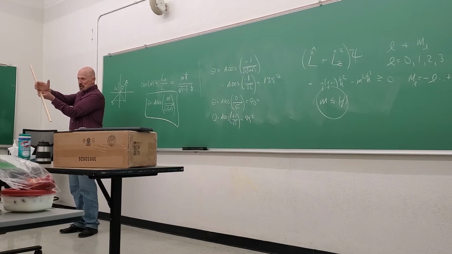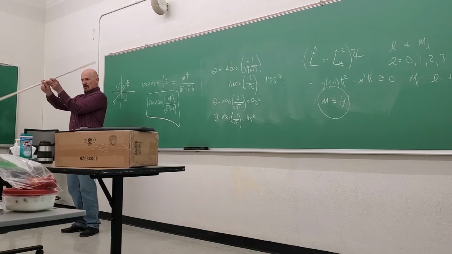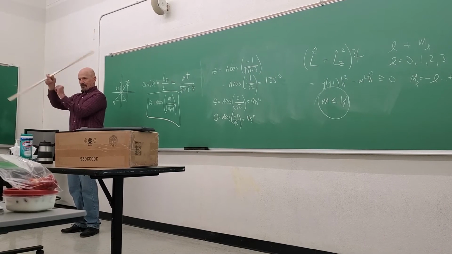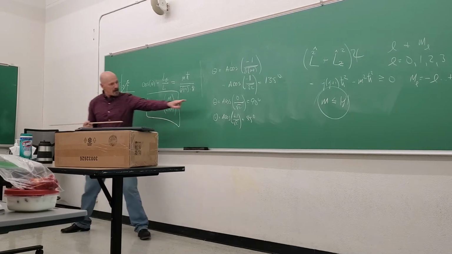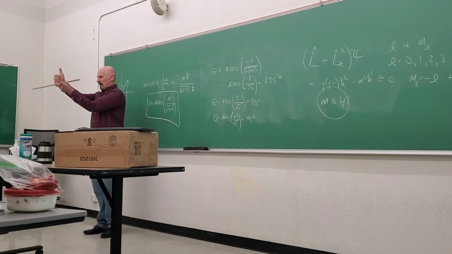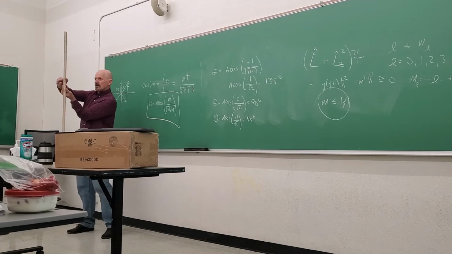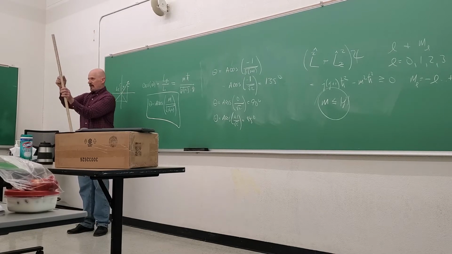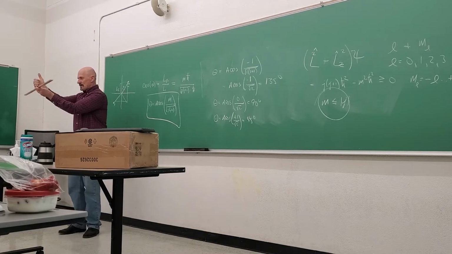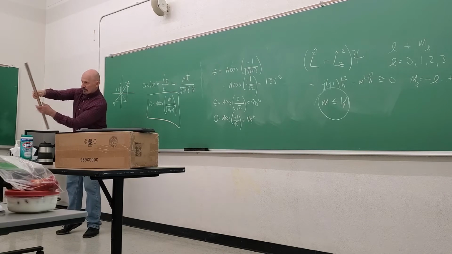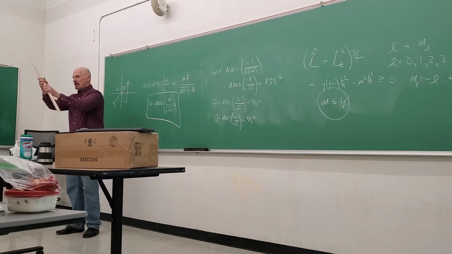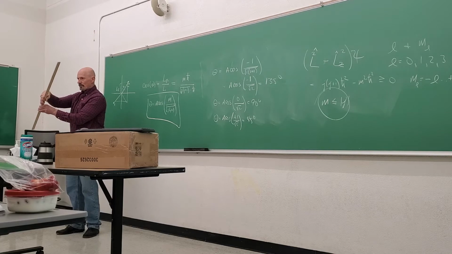My fingers are curling in the direction in which it rotates, so it's rotating like this. For the M=0, I turn my thumb 90 degrees, so it is a vertical rotation. And finally, for the 135 degrees, I come all the way down, so there's that. So it can rotate this way, or this way.